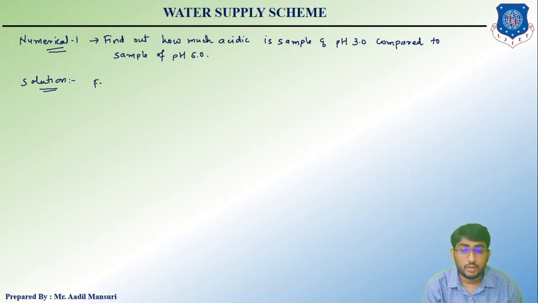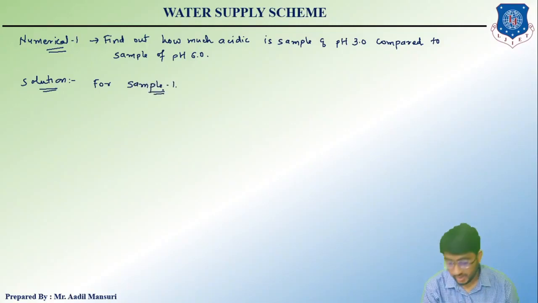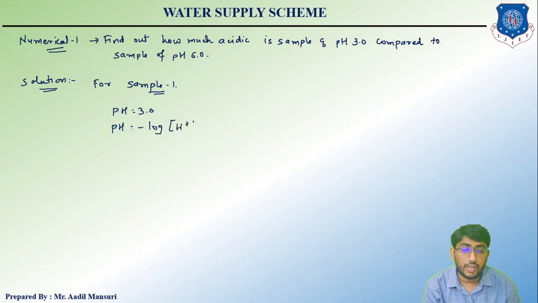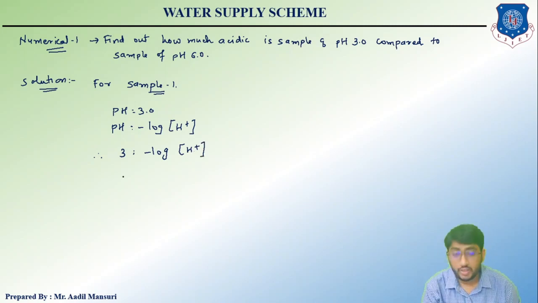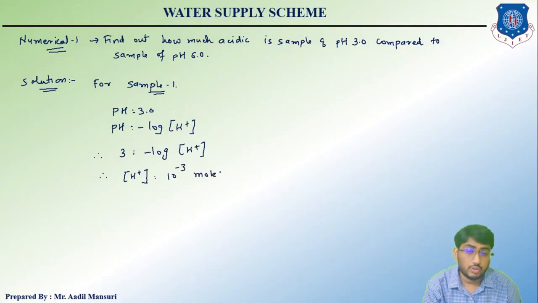For sample 1, we are given pH equals 3.0. Now we know that pH is equal to negative logarithm of H plus ion concentration. So 3 equals negative logarithm of H plus ion concentration. Therefore H plus ion concentration will be 10 to the power minus 3 moles per liter.